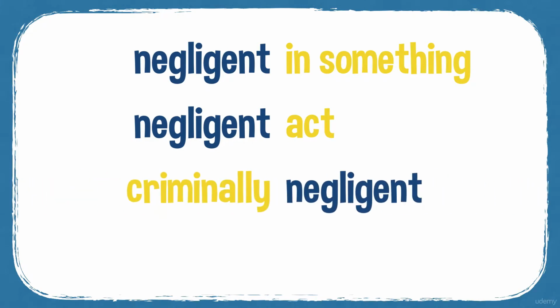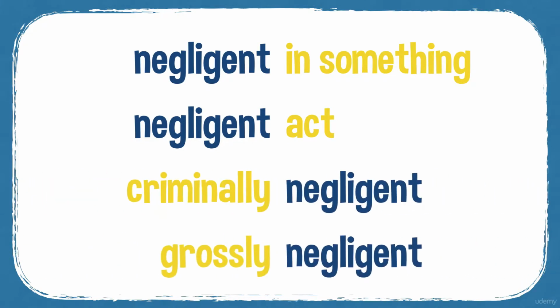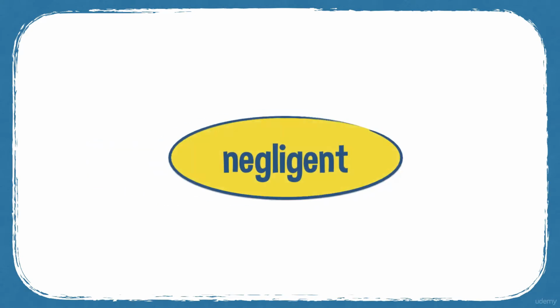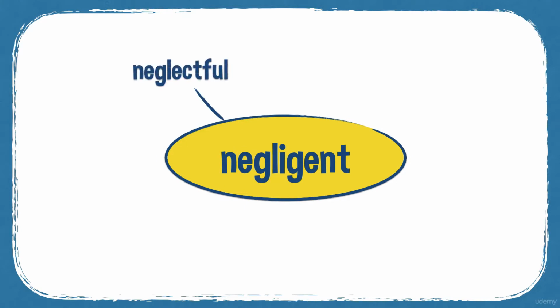You can be criminally negligent, grossly negligent. So that's, if you're negligent in a very big way, you are grossly negligent. And the noun of negligent is negligence. Some synonyms: neglectful, careless, remiss.